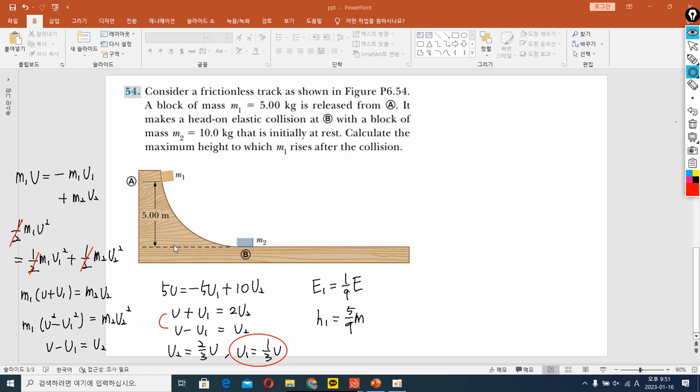That means the object goes up to the 1/9 of the height when it comes down to. So the height it can go back is the 9 over 5 meter.